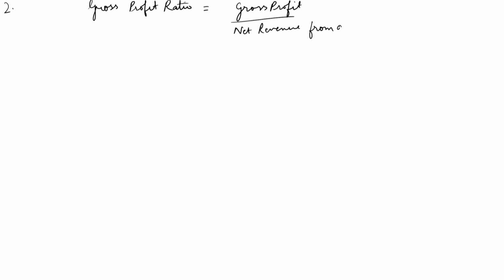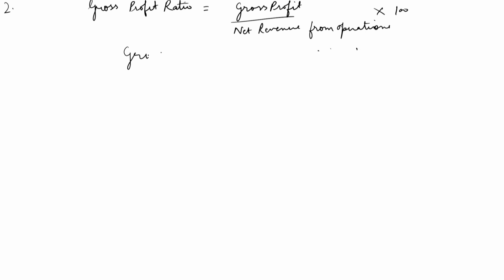So, for question number 2, starting again with the gross profit ratio, which is equal to gross profit upon net revenue from operations, the whole multiplied by 100.